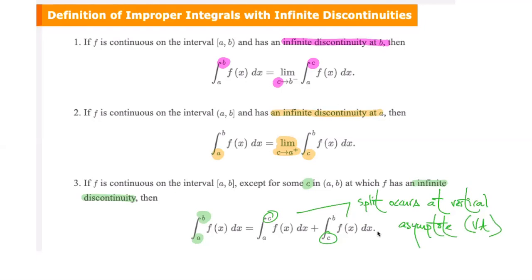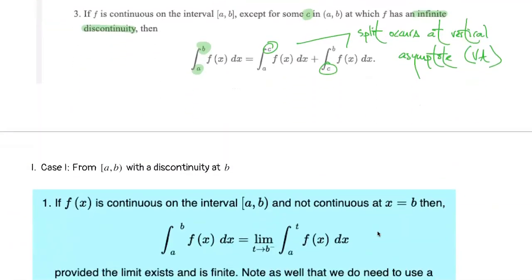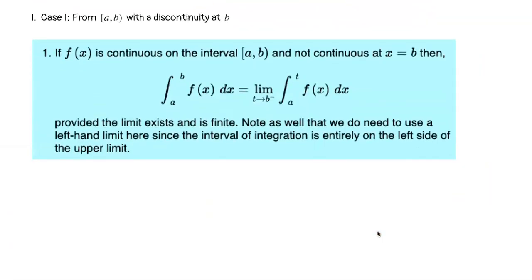So let's take a look more deeply at case number 1. Case number 1 is a situation where we're going from A to B, and there is a discontinuity at B. Another way to say that is there is a vertical asymptote at x equals B. That's problematic for us because it's not always going to give us an answer.